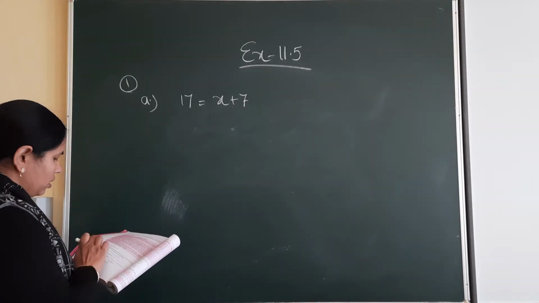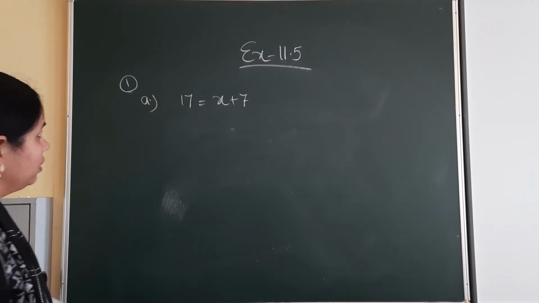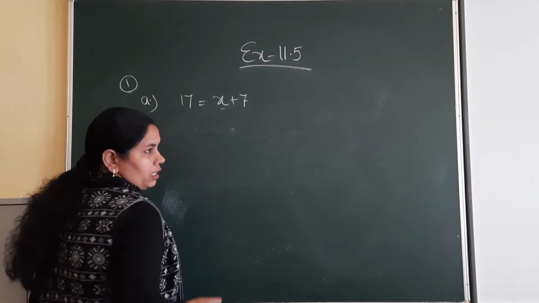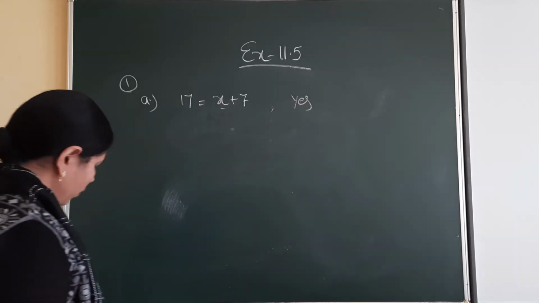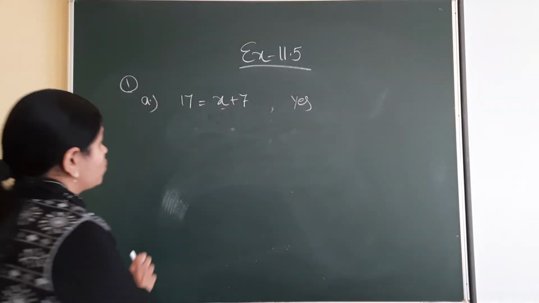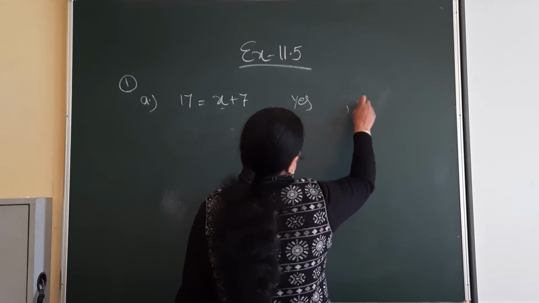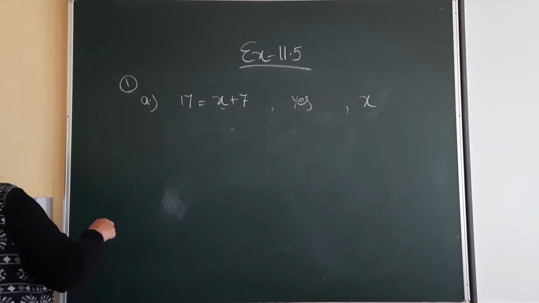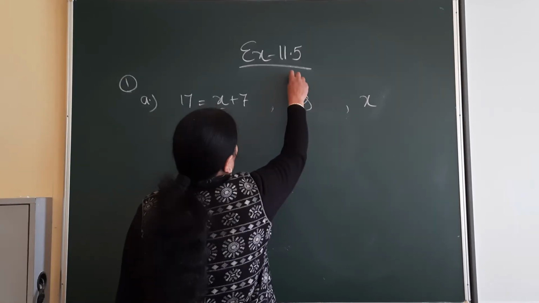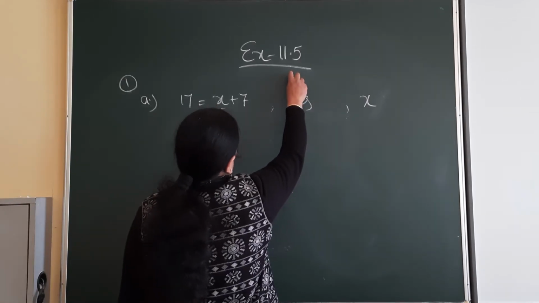Now we have to find out this equation is containing variable. So yes, we are seeing x is a variable. Now we have to identify the variable. So here variable is x. So you can write at the beginning, this is the equation containing variable or not.